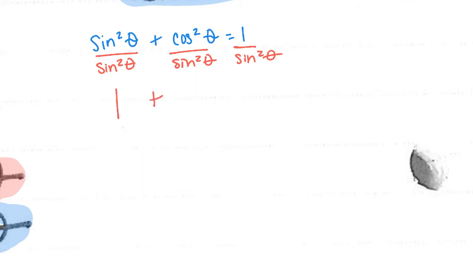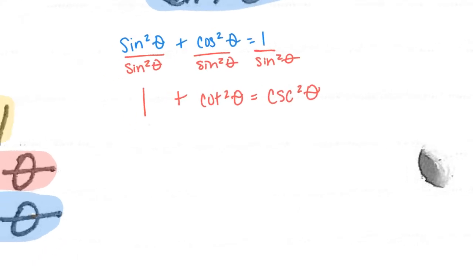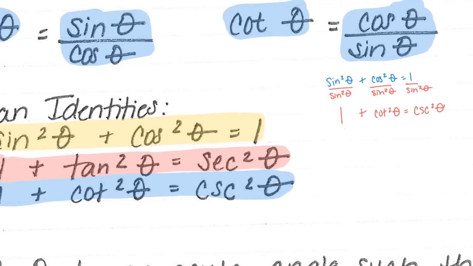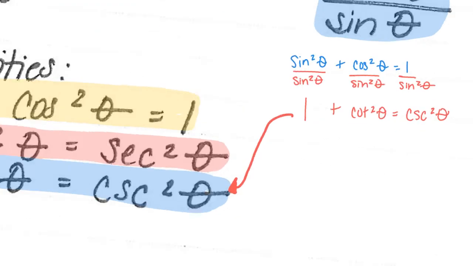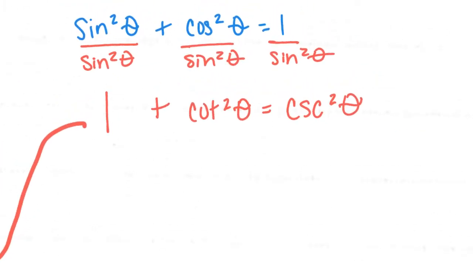Isn't cosine over sine equal to cotan? And isn't 1 over sine equal to cosecant? Well, that's strangely familiar to the one in blue right here. Strangely familiar.